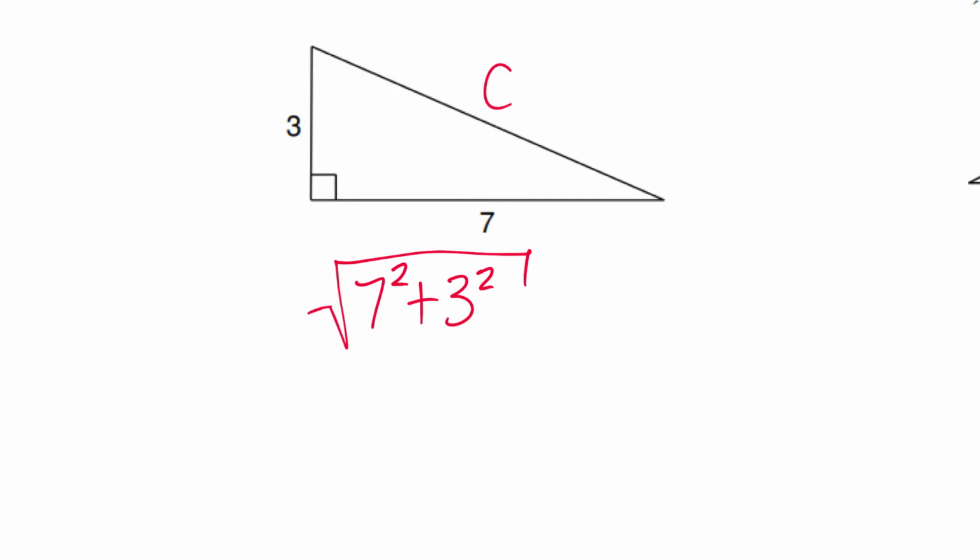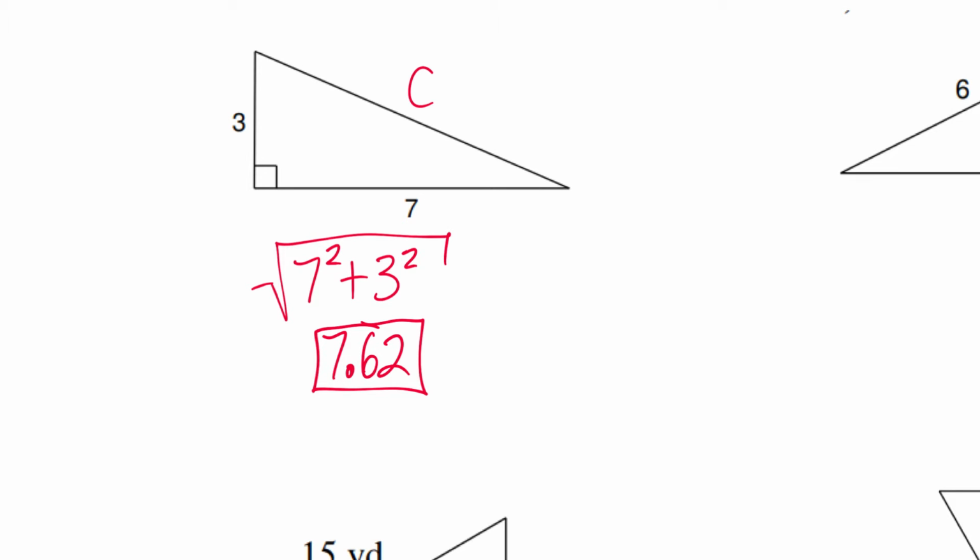So the square root of 7 squared plus 3 squared. Say it again? 58, so it's 7.62. Do we have to do it like that? Yeah. I mean, your test is always multiple choice, so that'll help to eliminate some things.